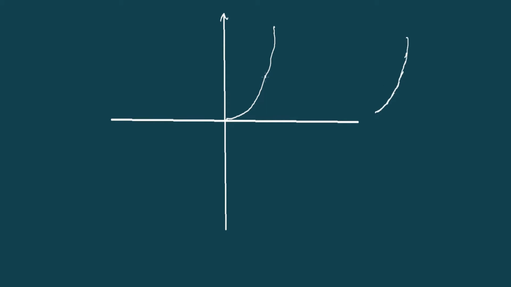So suppose we have to find the slope of the curve at this particular point A. Now the slope at this particular point A can be defined as the slope of this particular line, which is nothing but the slope of the tangent at point A. Let me write this.